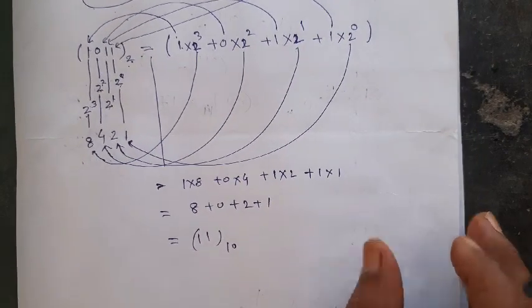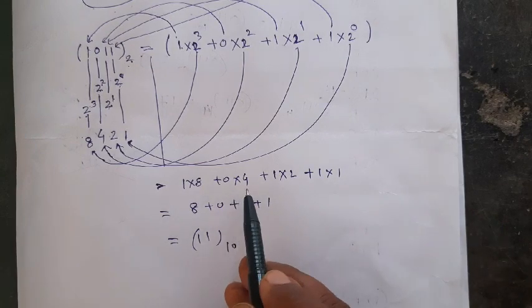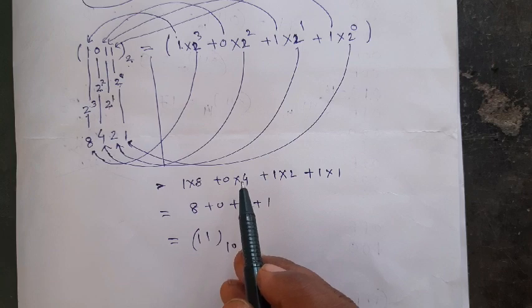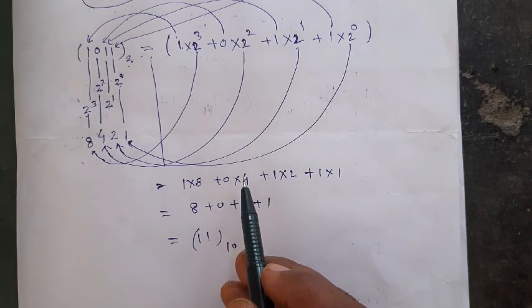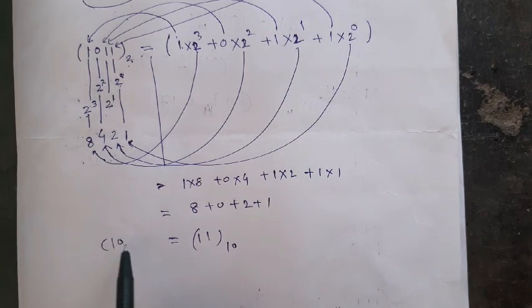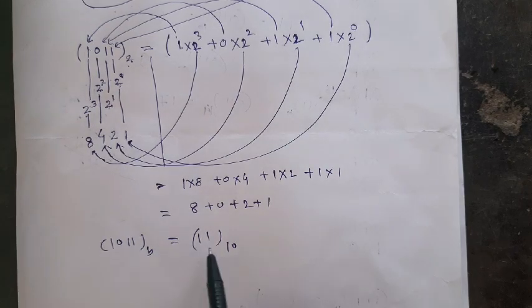I have just told you that the product, the addition or the power we are calculating with our previous knowledge, and our previous knowledge is for the decimal number system, and therefore I can write 1011 in binary number system is equal to 11 in decimal number system.